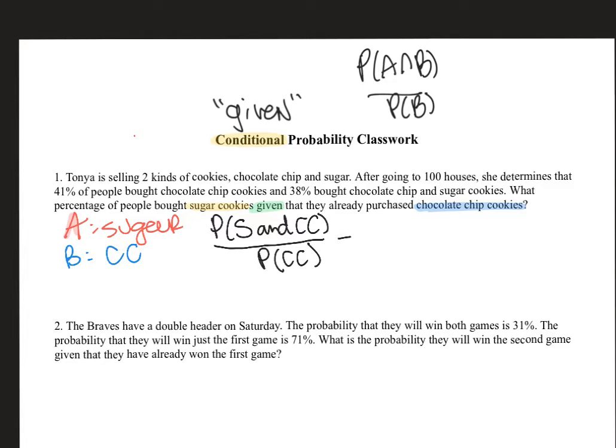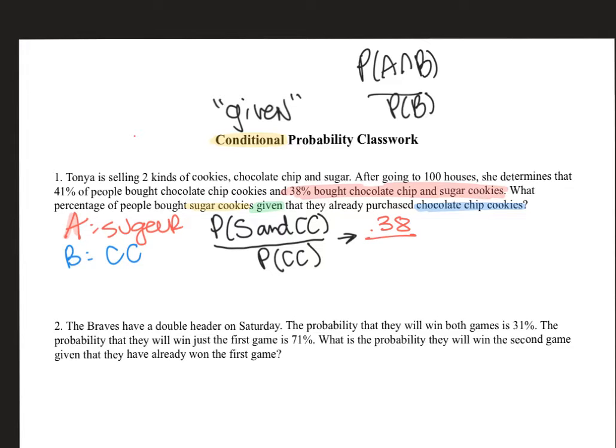So, probability of sugar and chocolate chip. In the problem, I told you the probability of getting sugar and chocolate chip, right here, 38%. Now, I'm not going to put 38 in my numerator. 38% as a probability is 0.38.